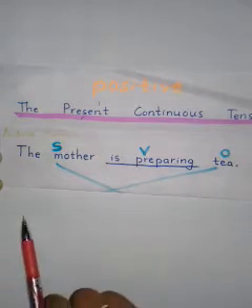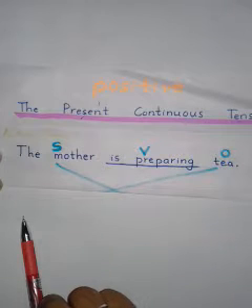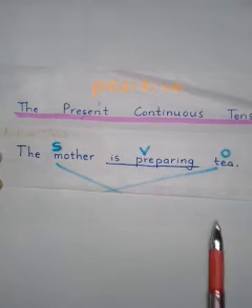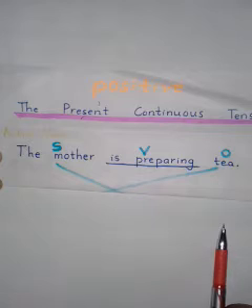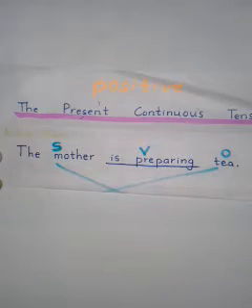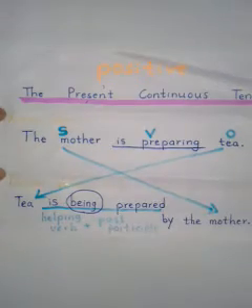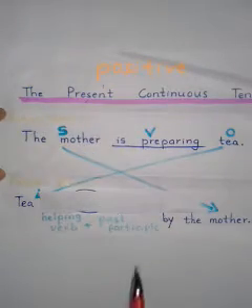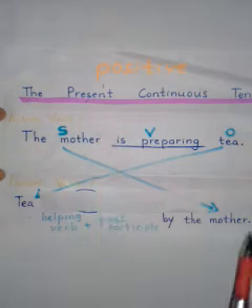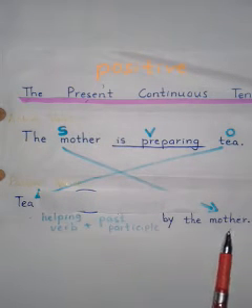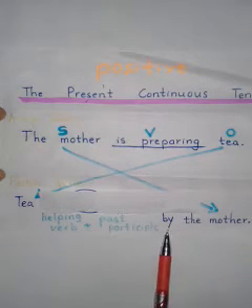Object comes to the front, that means the place of the subject, and subject goes back to the place of the object. There, this subject or our new object must be added to this passive sentence using the word by.